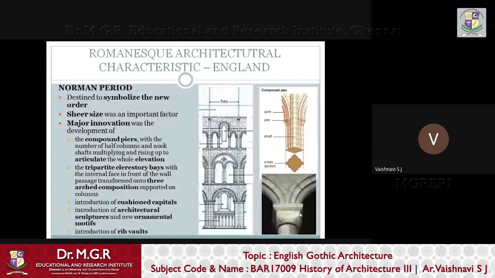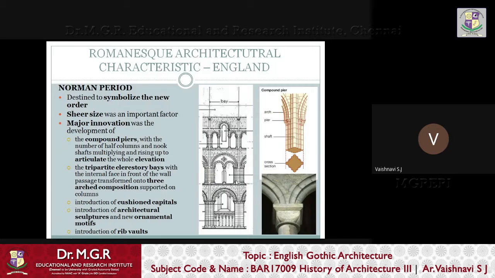And in the Norman period, they had the compound pier again, and it was destined to symbolize the new order. They wanted to give a new order, a new style, and they had major innovations in this time. So that was a compound pier, and they had a tripartite clerestory base.